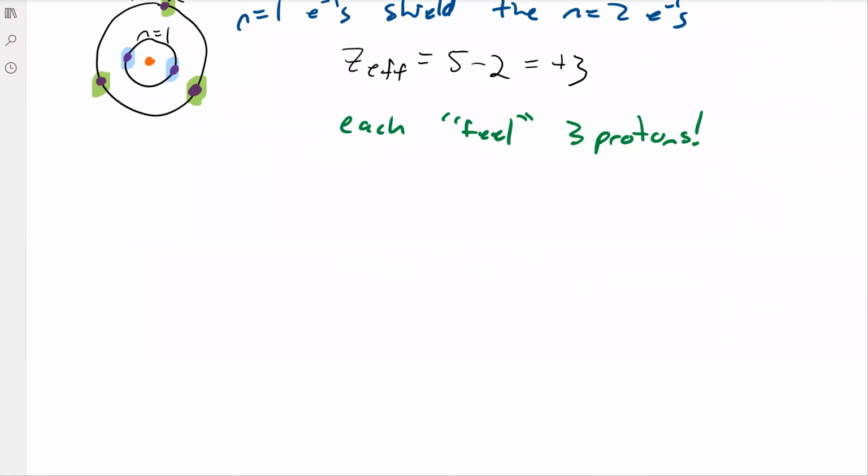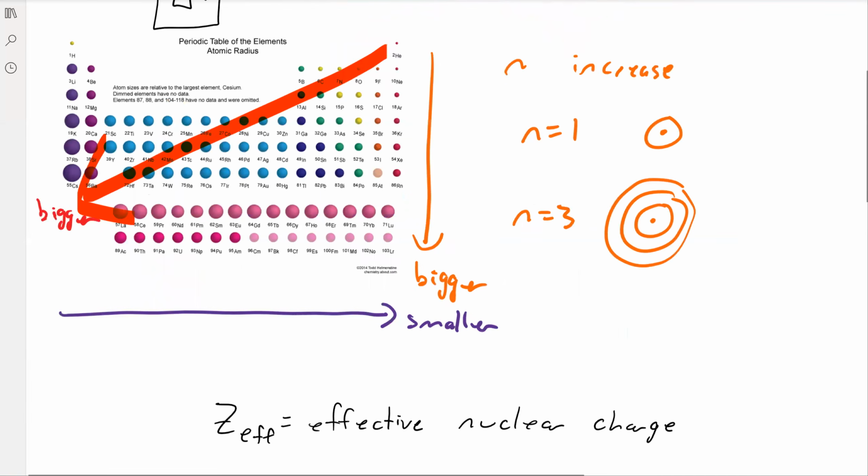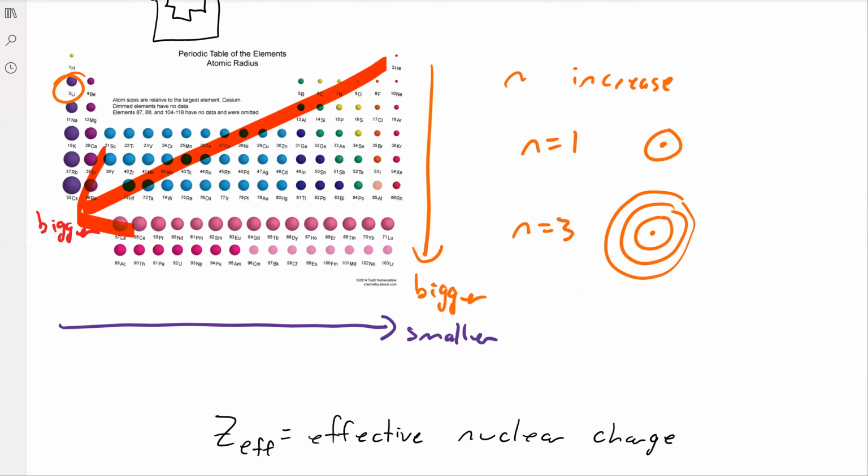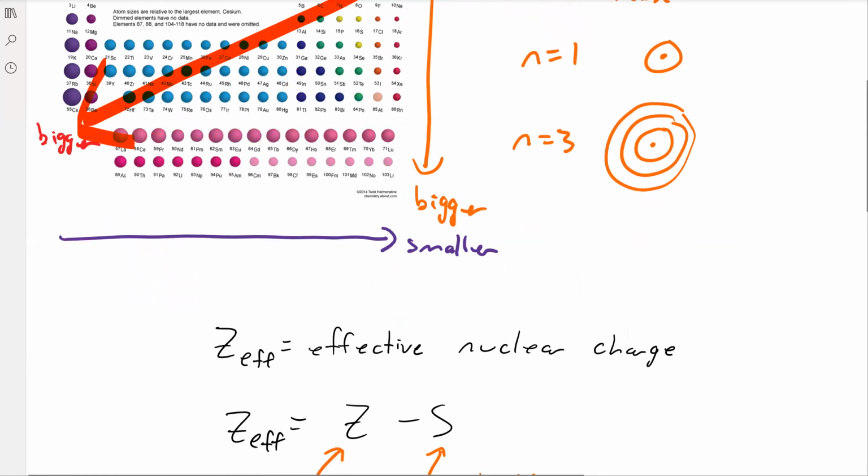So for example, if we took a look at lithium versus fluorine, right there in the same row, lithium is right here, fluorine is right here. So why is fluorine smaller than lithium? It has to do with this effective nuclear charge. So lithium has 3 protons, while fluorine has 9 protons. So we have our little nuclei, and then we have our orbitals.